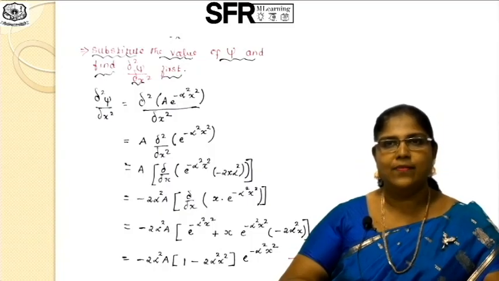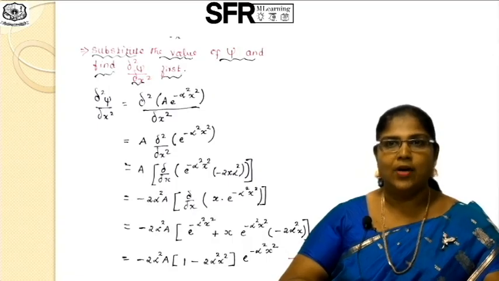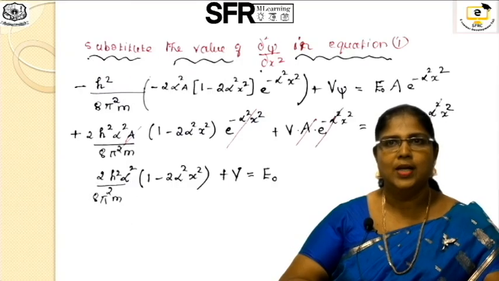Plus, we keep x constant and differentiate e^(-α²x²), which is e^(-α²x²) itself. We should never forget to differentiate the power, so we get -2α² into 2x. Then rearranging, we get the answer as -2α²A (1 - 2α²x²) e^(-α²x²).